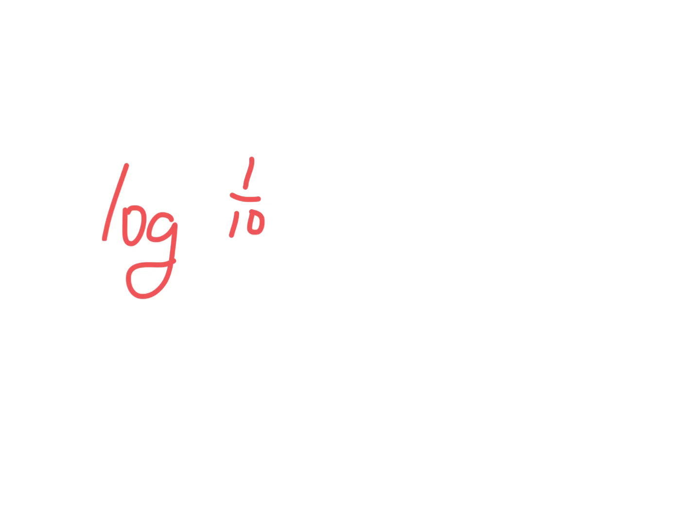And then we want to make them both have a base of 10. That's the hard part. Can you make this be base 10? 10 to the something? 10 to the negative 1 is correct. She beat you. Do you get that those two bases are the same now? And then the answer is negative 1.